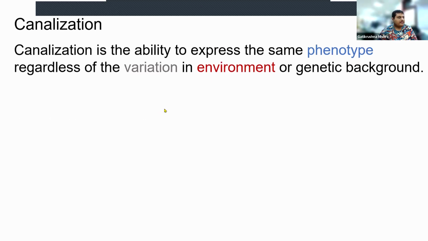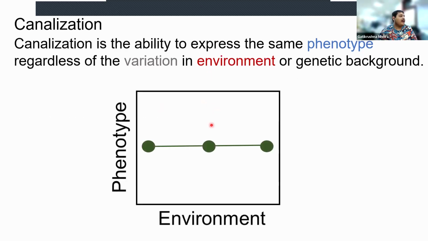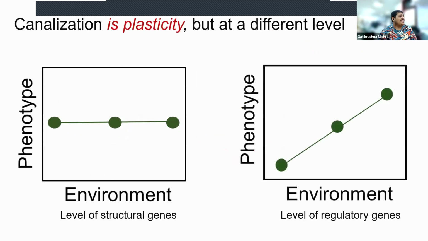Actually, canalization, obviously, in terms of reaction norm, looks like this, where the phenotype is constant across environments. But to be precise, canalization is plasticity, but at a different level. At the level of structural genes or the trait that you're looking at, the phenotype is constant across environments. But at the level of regulatory genes, there is still plasticity.